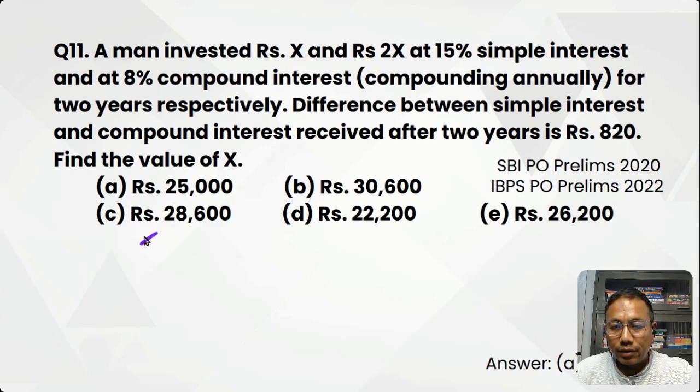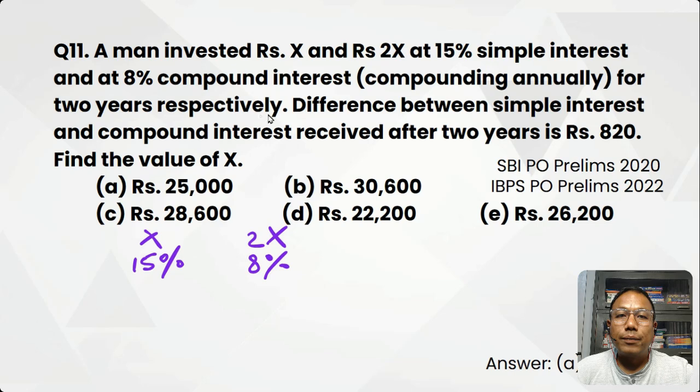This is the capital. And the other capital is 2x, at 15% simple interest and 8% compound interest, for 2 years.